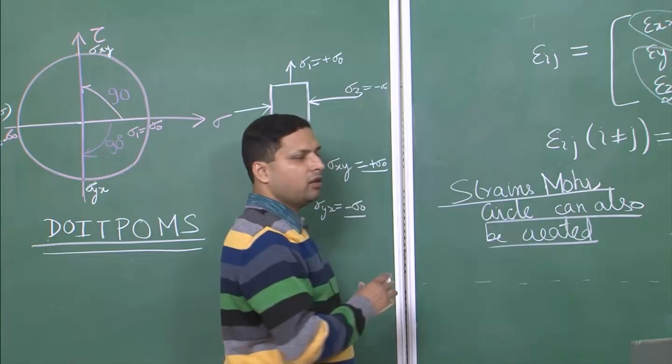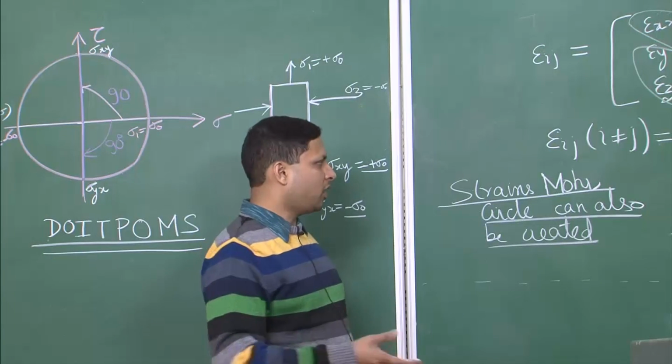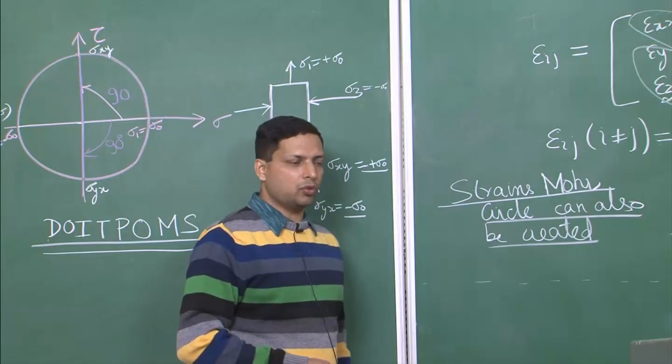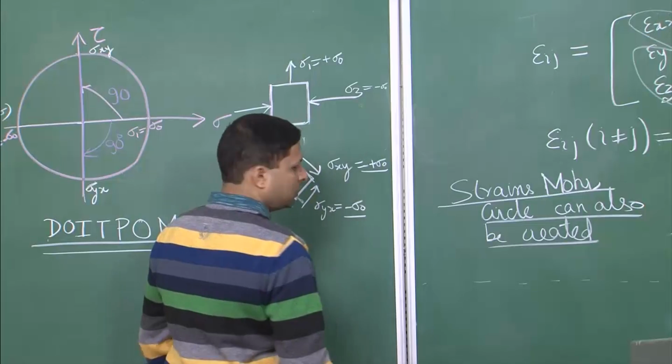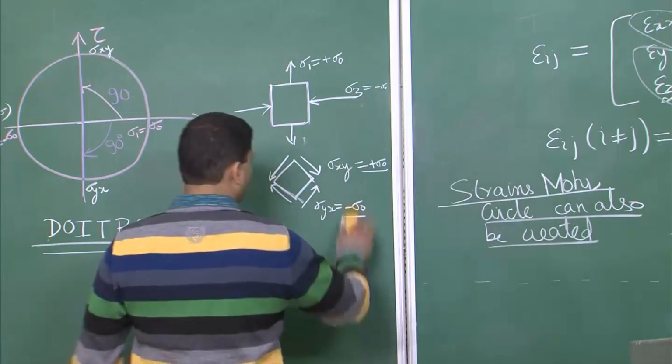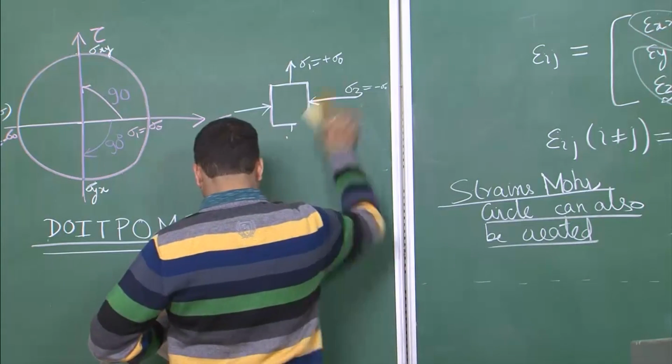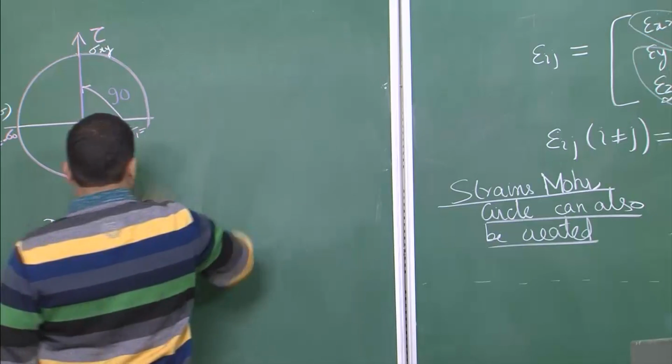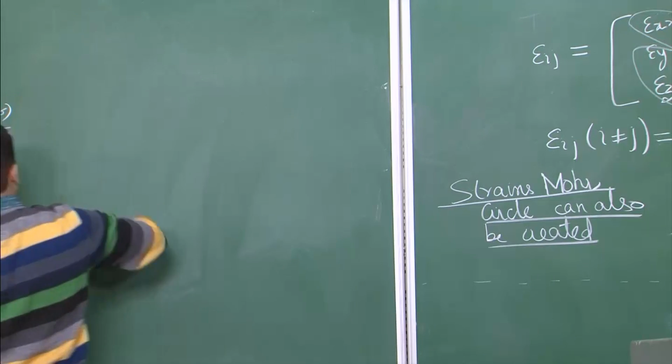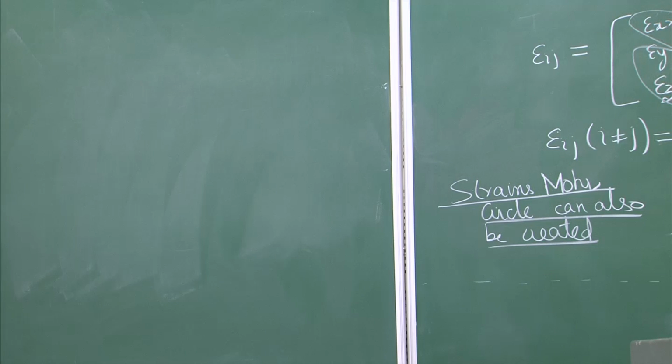All those kinds of manipulation and understanding can again be extended to the strain Mohr circle. A few more things before we move on to something more, or not more important, but something where we will use these as the tool.